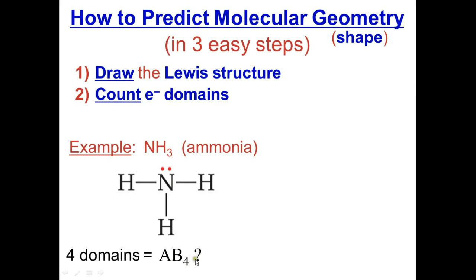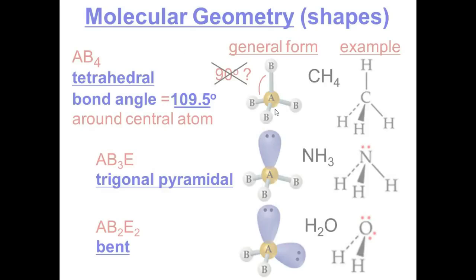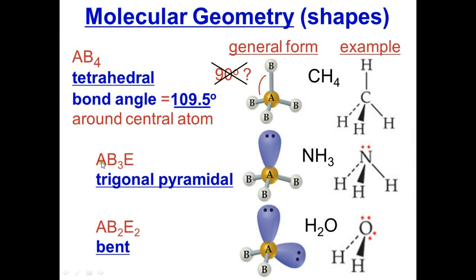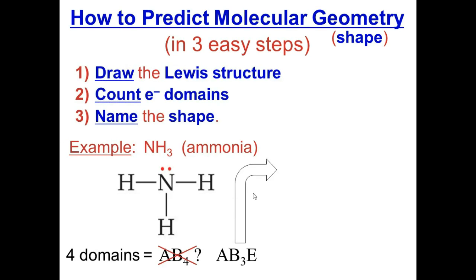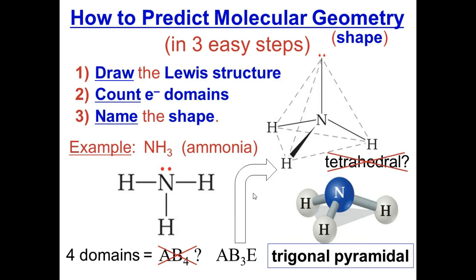Here it's not AB4, but it's AB3E, because there's 1, 2, 3 bonds and 1 lone pair. And then after we get this little formula, we can go back to all these shapes and see which shape it is. So if it's AB3E, it's trigonal pyramidal because that one lone pair pushes all these atoms down. And that is how we get the shape, trigonal pyramidal.